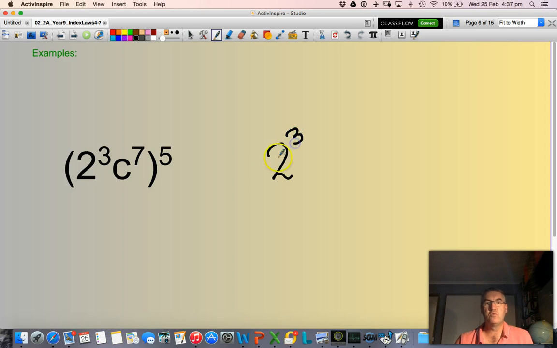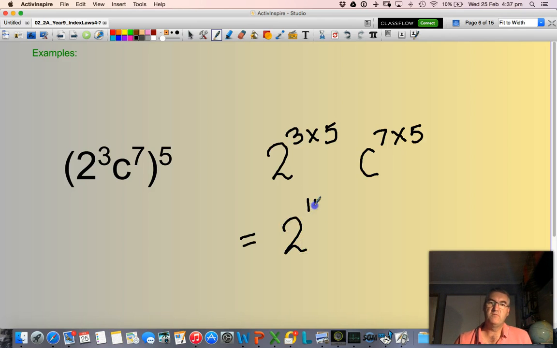Now, that's all raised to the power of 5, so I need to multiply that by 5. And then I look at the C raised to the power of 7, and that's all raised to the power of 5, so I need to also multiply that by 5. So, simplifying this, I end up with 2 raised to the power of 15, C raised to the power of 35.